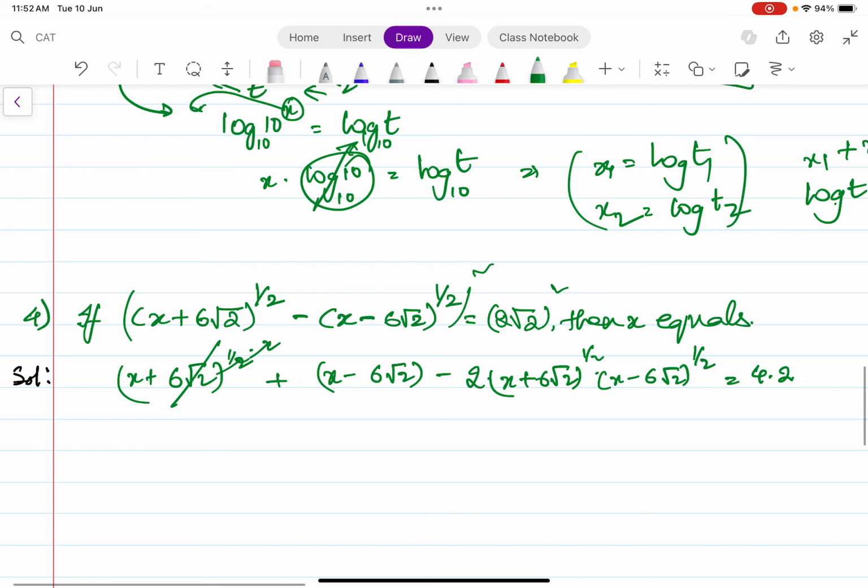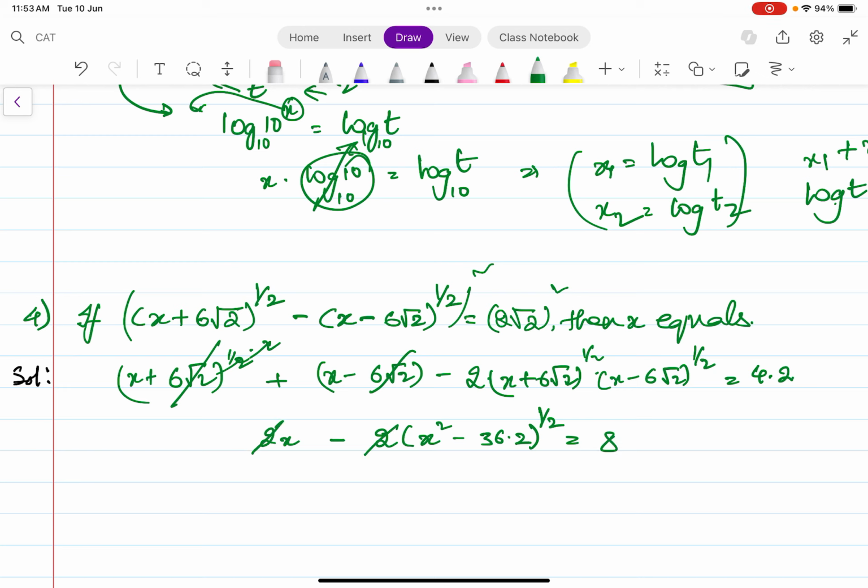If I do the addition here, this and this get cancelled. So 2x minus 2 times, this is a plus b into a minus b, which gives you what? a square minus b square. Therefore, x square minus b square, so 6 square is 36 into 2 whole to the power 1 by 2 is equal to 8.